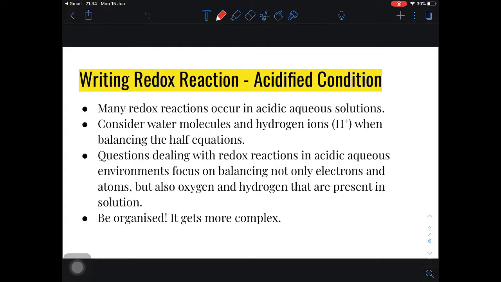So in this case, not only that we have to take into account the atoms and the electrons movement, but also we need to pay more attention for the water molecules and the hydrogen ions, because we will also need to balance the quantity of oxygen and hydrogens. The note that I have to tell you here is be organized as it gets more complex.